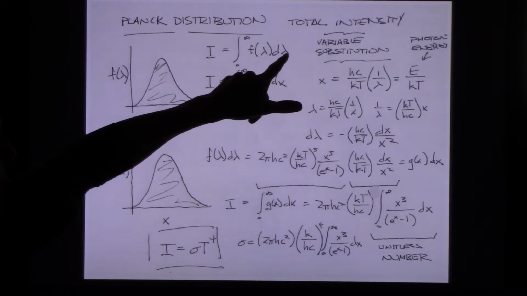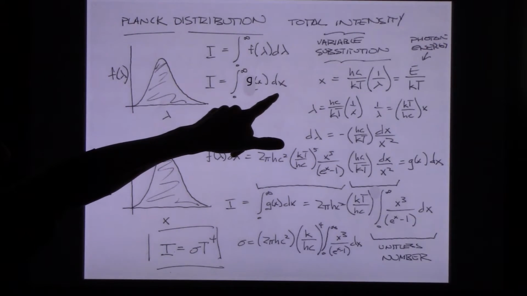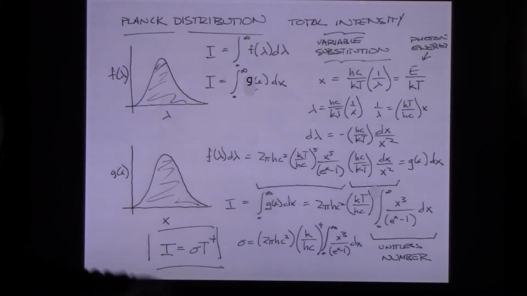And that means that I also have to determine d lambda and find out how I'm going to replace that with dx. I can't work in wavelength increments anymore. I've got to work in energy increments or increments of this variable x.